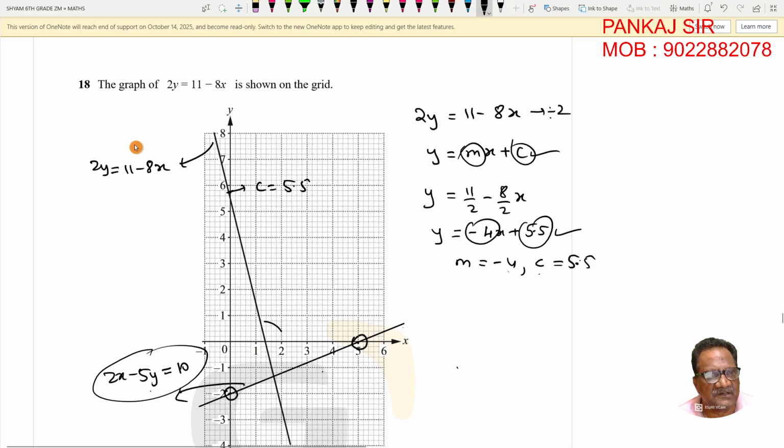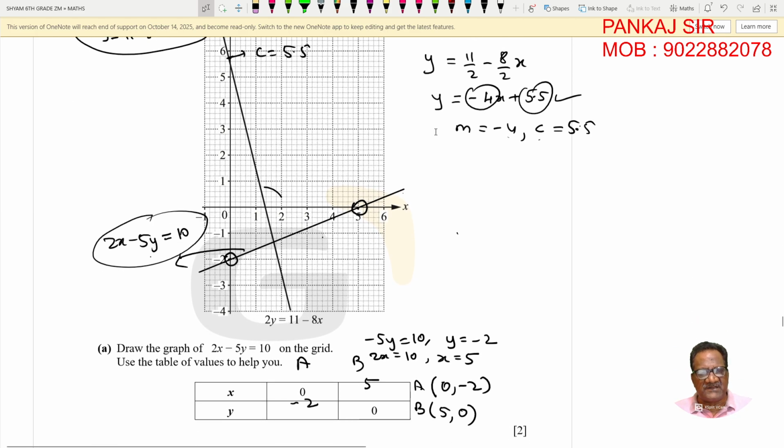Can you see this? So both the lines you have on the graph. And if you want to solve these two equations simultaneously graphically, then it is very simple. You just hunt for the point of intersection of the two graphs. So you can see that this is the point of intersection of the two graphs.